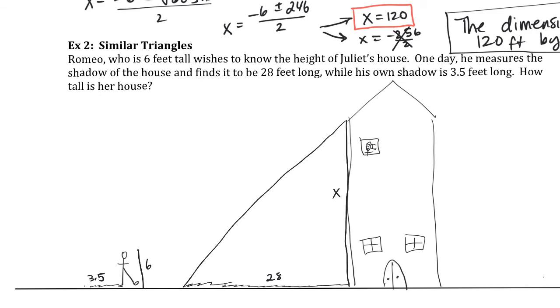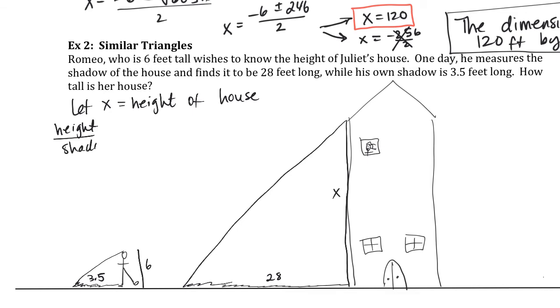Okay, so assuming that this is at the same time, we can set up similar triangles. If we let x equal the height of the house, we can set up similar triangles where we do height compared to shadow for both Romeo and also for Juliet.